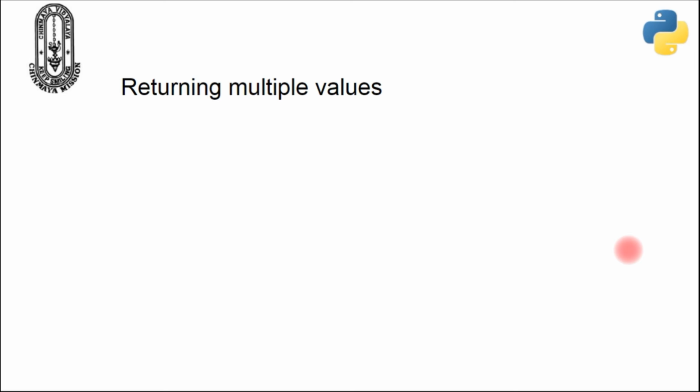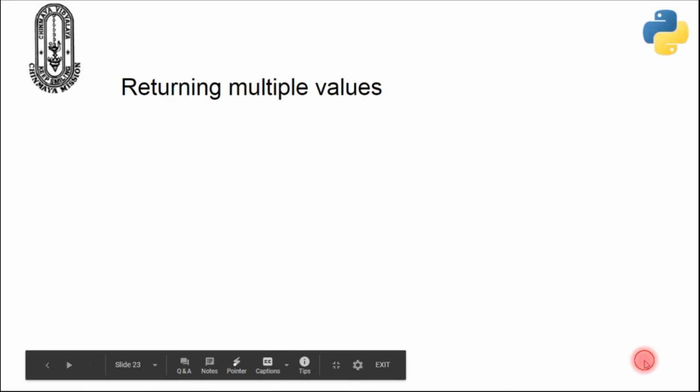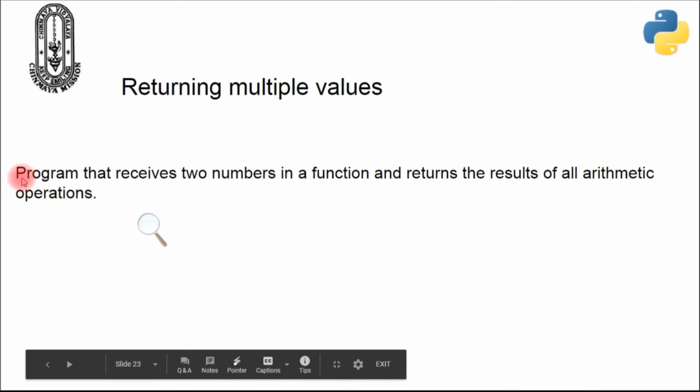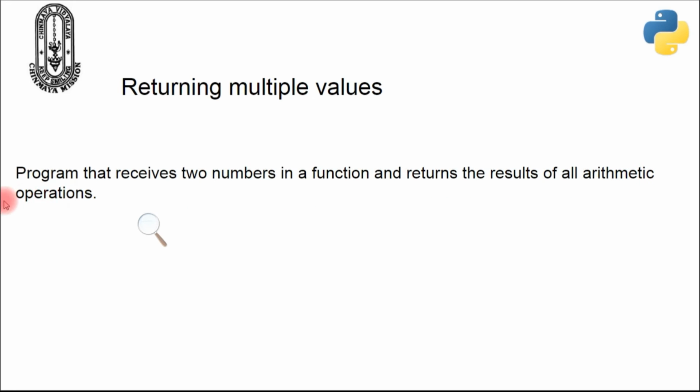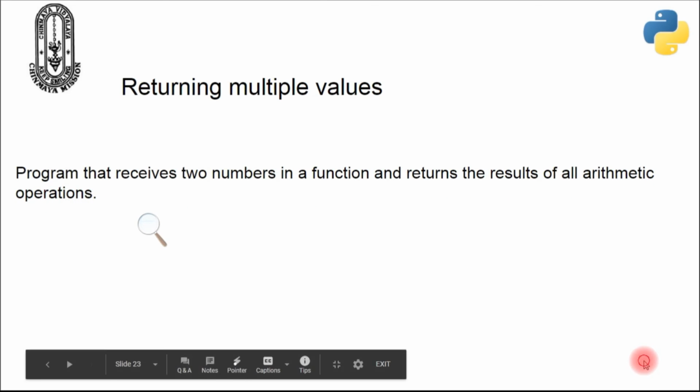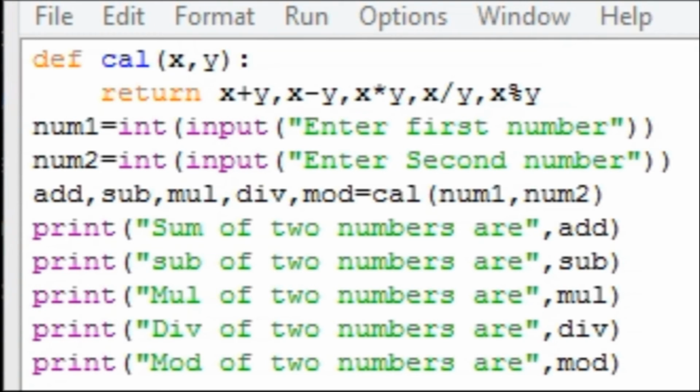So till now we have seen how to return a value, a literal or an expression. Now let us see how to return multiple values from a function. We'll understand this concept with a program. This program performs all arithmetic operations.